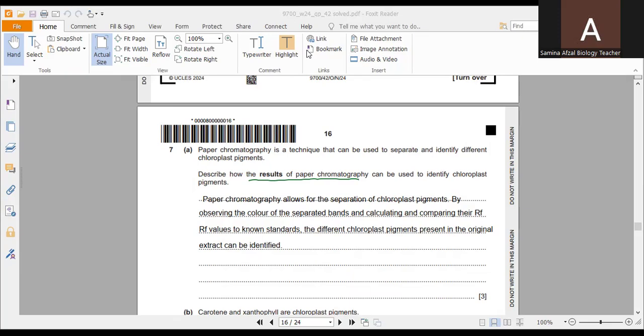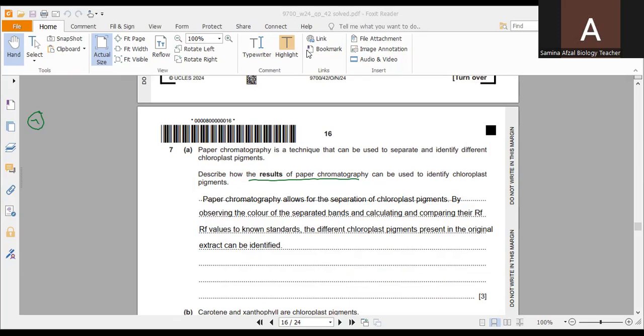First of all, when paper chromatography occurs, the solvent moves up the chromatography paper. So the different pigments present in the chloroplast extract will travel on the paper at different rates.